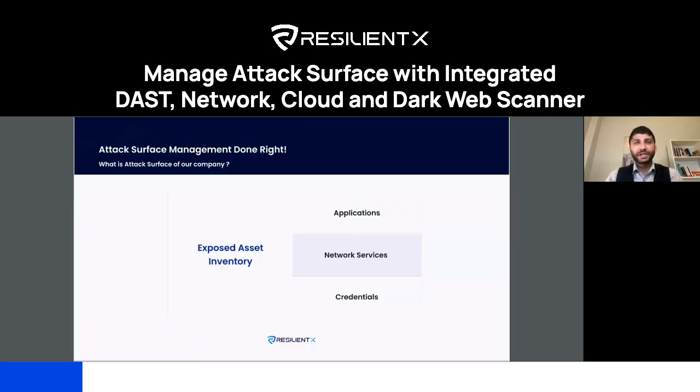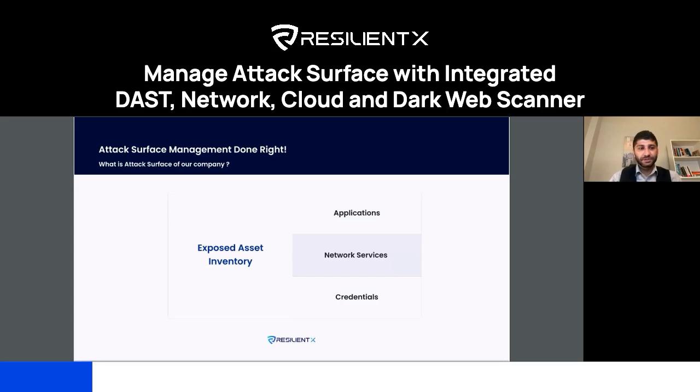When we are talking about exposed asset inventory, we have many types of assets, but the three most important types are application assets, network assets, and what we call credential assets, because these three types are the most, you can say, potentially vulnerable assets that we always have exposed on the internet.